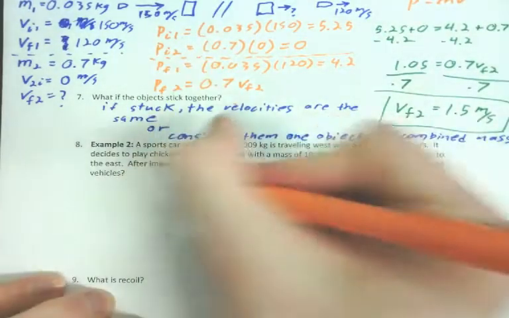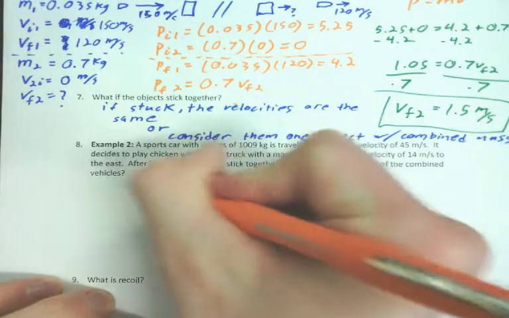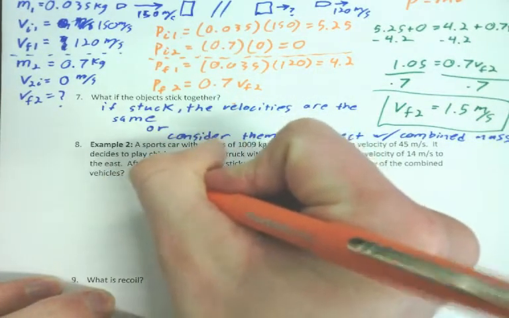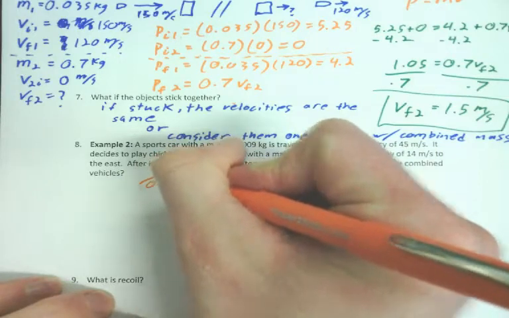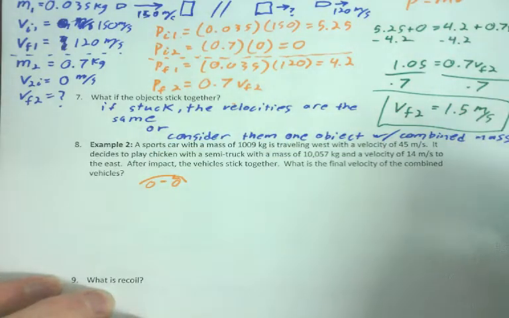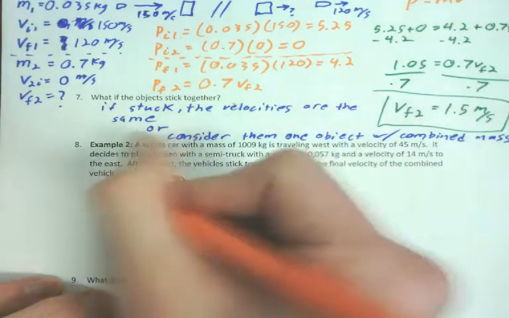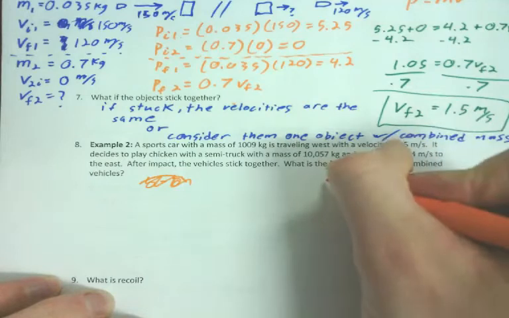So what's going on is we have a car going east with a velocity, let's see, oh, the car's going west. Good job, me. Way to read the directions.